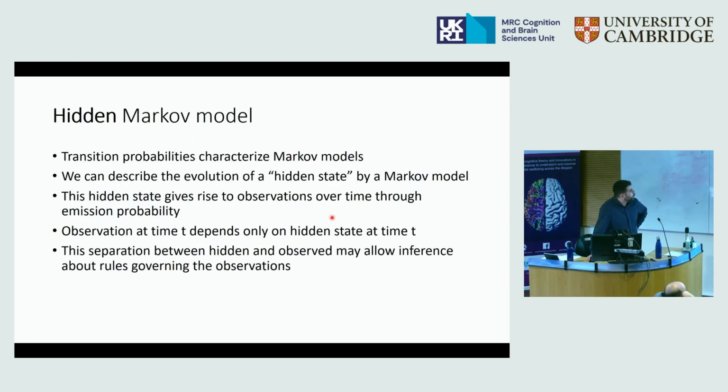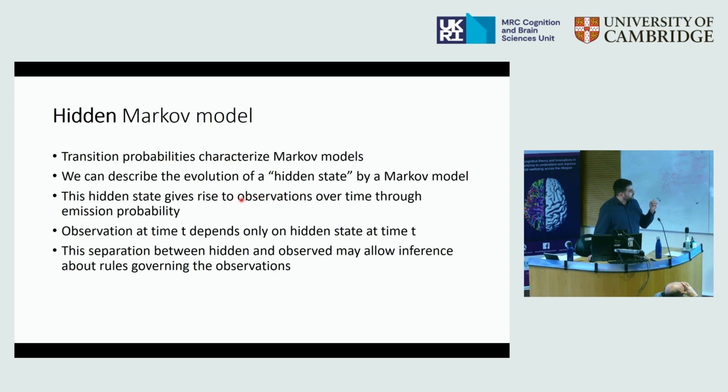Now moving on to what makes hidden Markov models hidden. As I discussed, the transition probabilities characterize Markov models or Markov chains. In hidden Markov models, we can think about this hidden state, right? This thing that's governing the rules of our environment, and we can describe how it evolves through a Markov model.